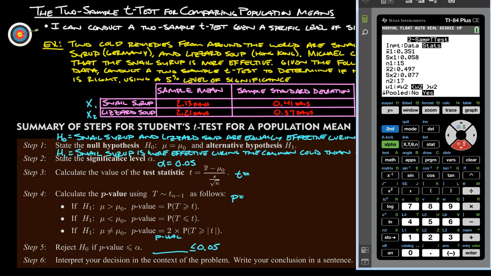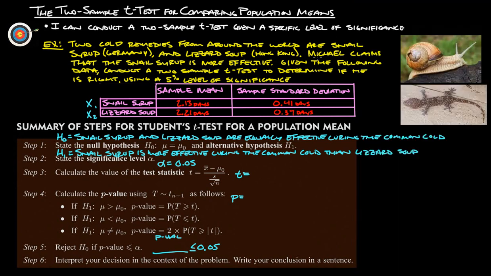Our x-bar 1 in this case, the mean, is 2.13 days, and Sx1, the standard deviation, is 0.41 days. And then n is the number of tests that were given. I'm going to be honest with you, I don't think I wrote that in there, so let's make that up.